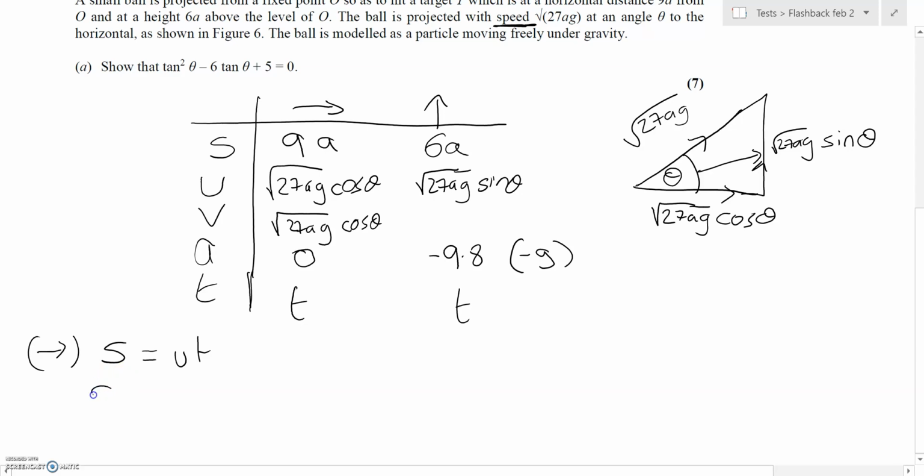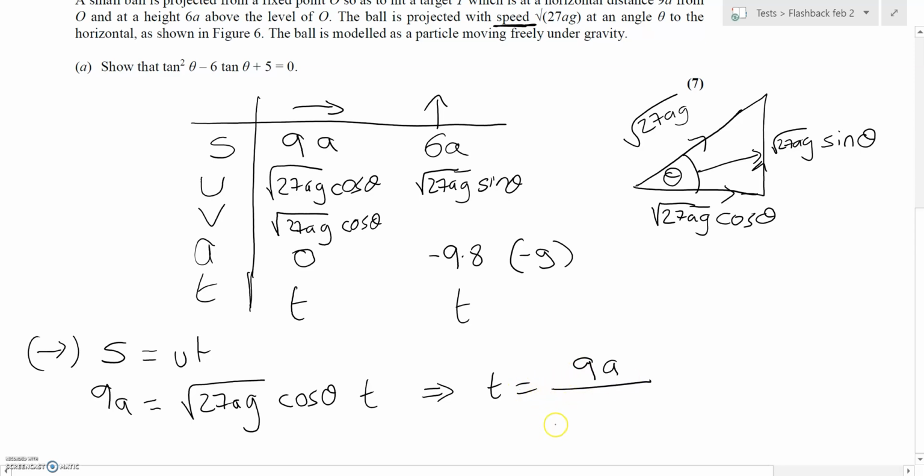So horizontally, s is equal to 9a. The initial velocity was the square root of 27 ag cos theta, and t is t. From here we can make t the subject to give us 9a over the square root of 27 ag cos theta.